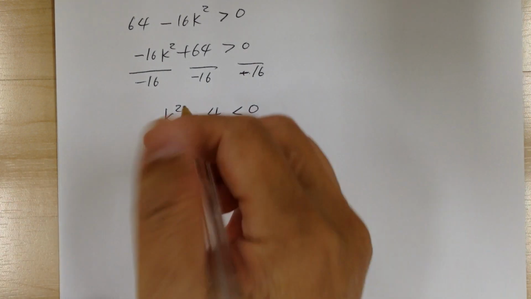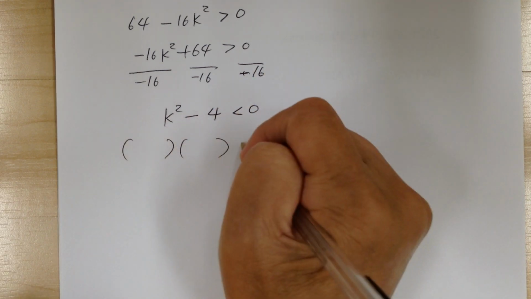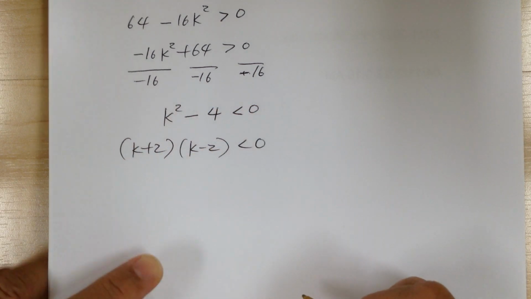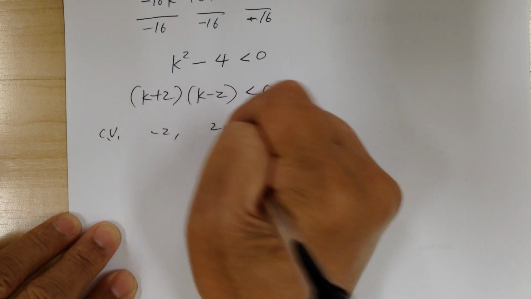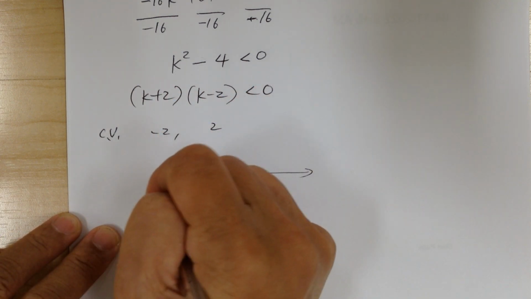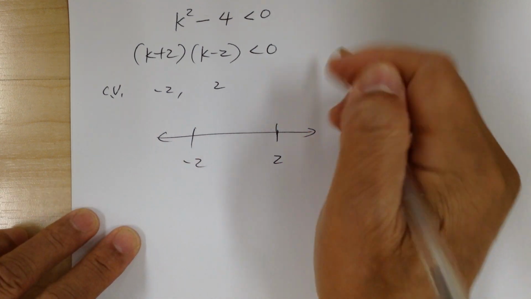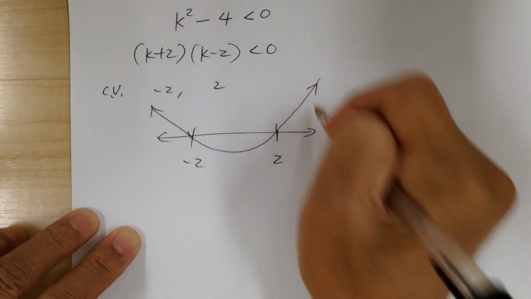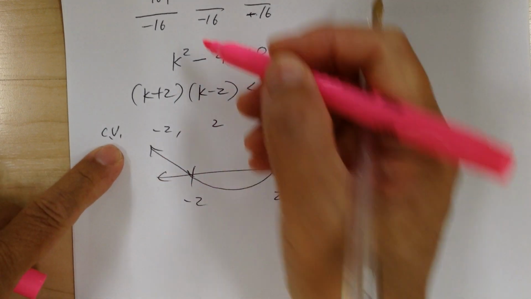Now this is the quadratic inequality, so you have to do the factoring. So you're going to get k plus 2, k minus 2. So your critical values would be negative 2 and positive 2. Remember, we did this before, right? Your graph's going to go like this. And again, remember that you have to treat this like a y.